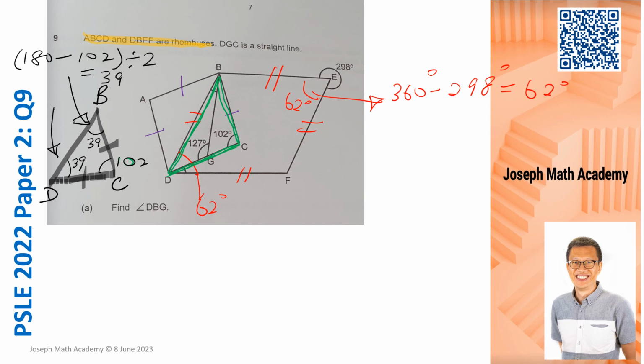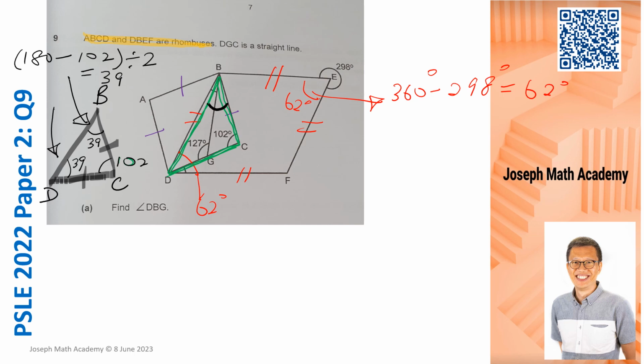Because of that reason, we can get closer to our required angles. Let's look at question A. Find angle DBG. Angle DBG is inside the isosceles triangle BCD. That means we want to find something that is somewhere here.